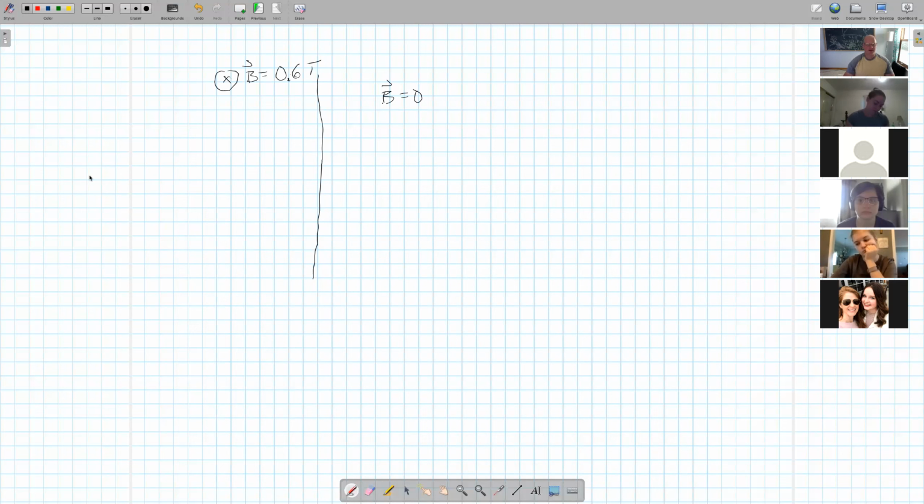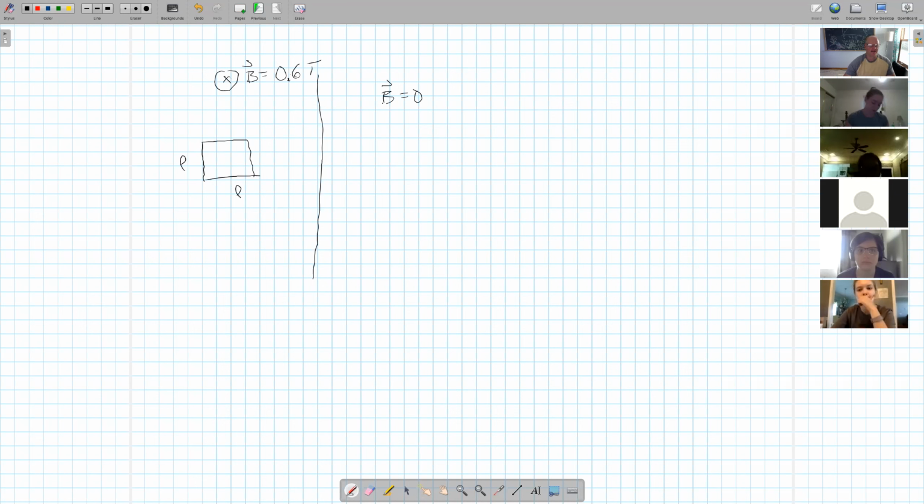Now we have a coil, here is my square coil, and all sides have length L. It is being pulled in this direction with a velocity V, where we want that to be equal to a constant.